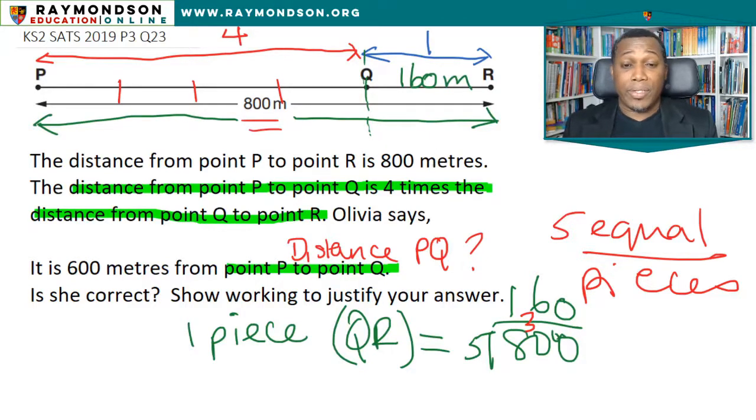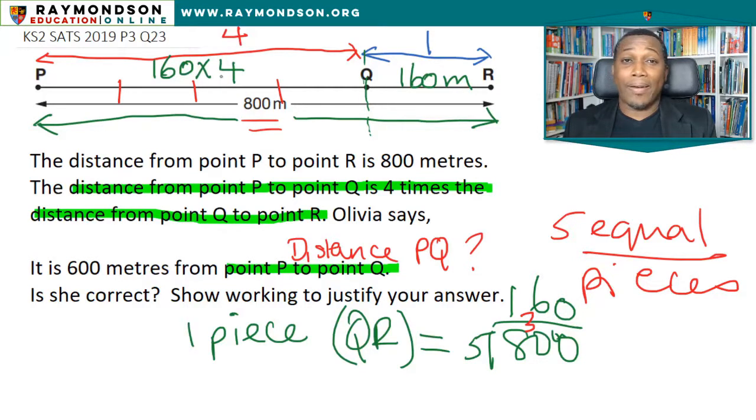But we're not interested in that. The question is talking about 600. Olivia said it's 600 meters from P to Q. But actually, we're going to see if she's right now, one part is 160, so the 4 parts have to be 160 multiplied by 4.